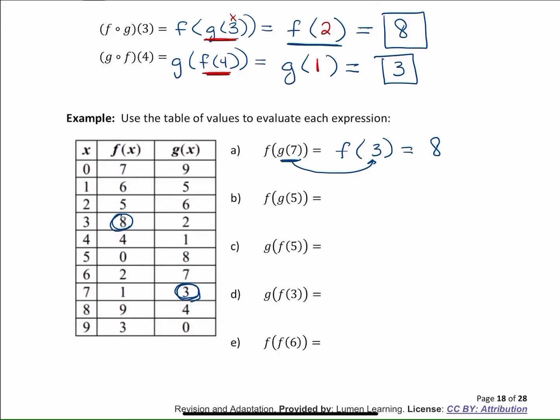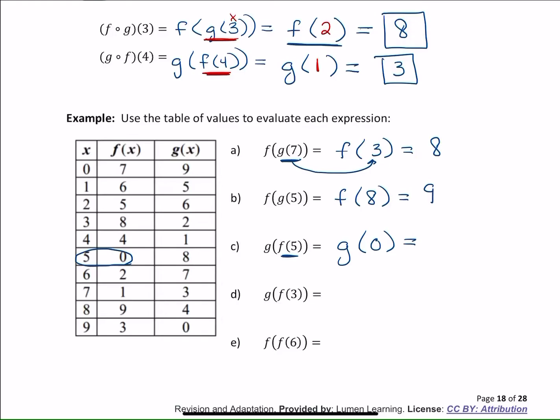If I've got f of g of 5, g of 5 is going to equal 8, and then f of 8 would equal 9. And your table can get kind of confusing if you continue that. So moving on to C, f of 5 is going to be 0, because this is f of 5.